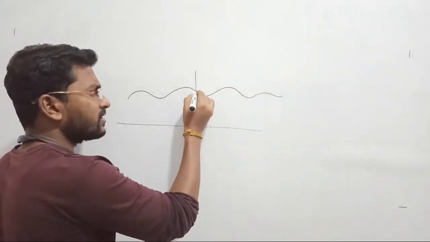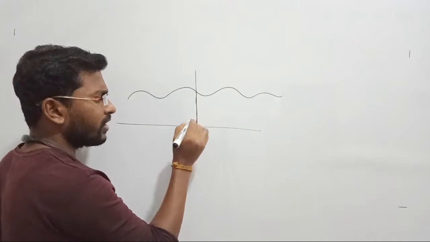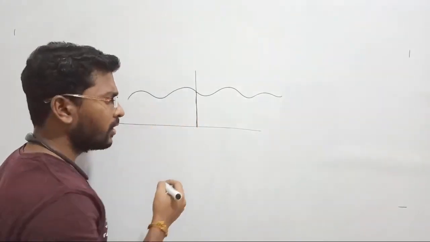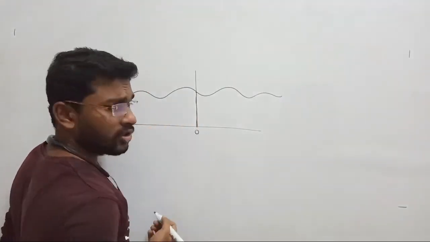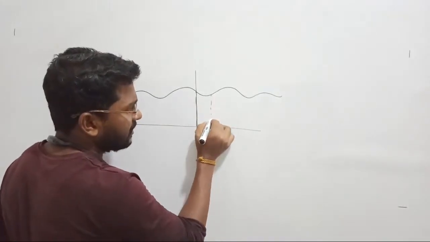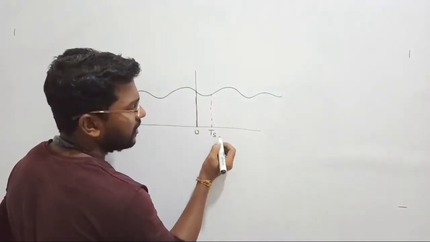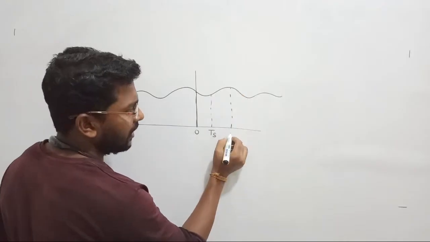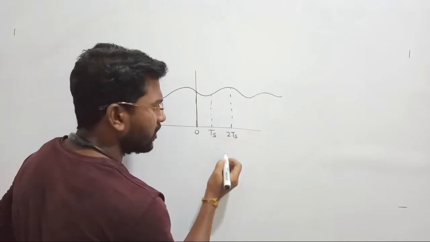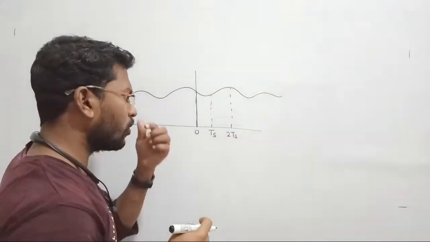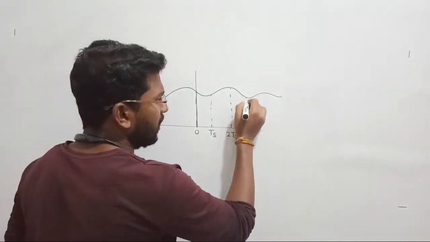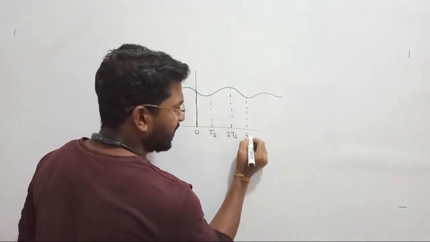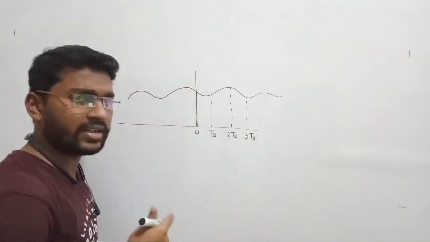In the x axis only we are taking the samples. Do you remember? I take 0, then the second sample at n equal to Ts, then the third sample at 2Ts with the help of an impulse train, and then at 3Ts. Like that, in the x axis we are discretizing the signal.